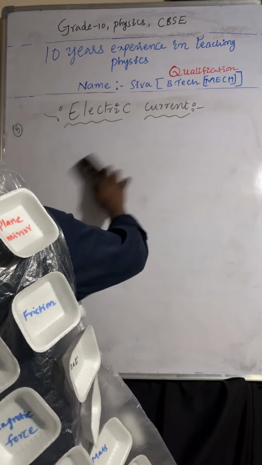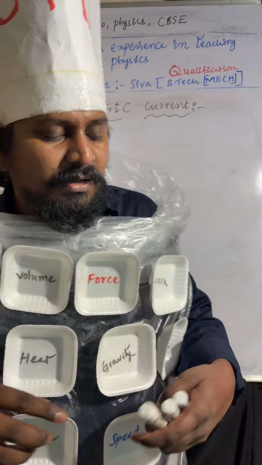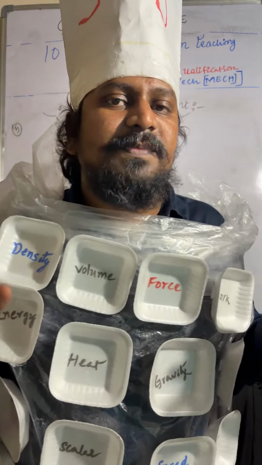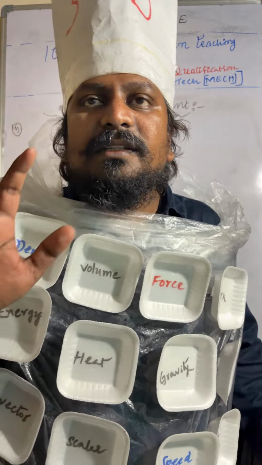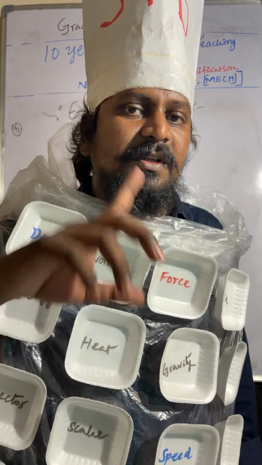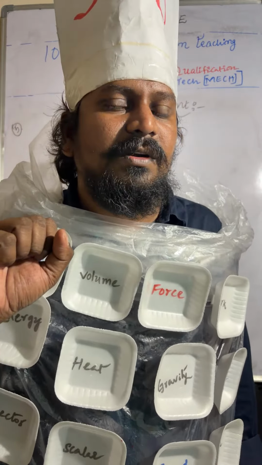And coming to the next one, resistance and resistivity. Now we will see the difference between resistance and resistivity. Definitely a problem can be expected based on this concept. One problem can be expected, and from the MCQ point of view it is very important.